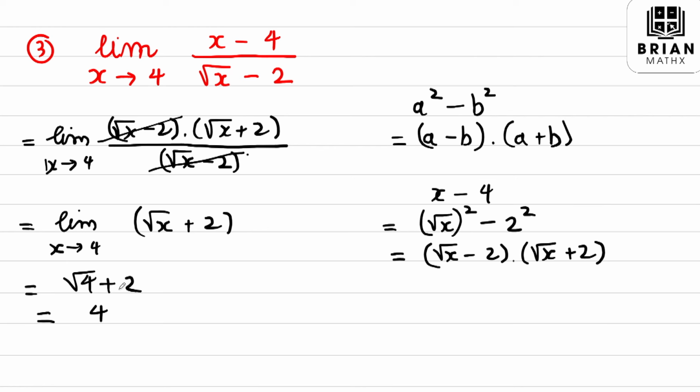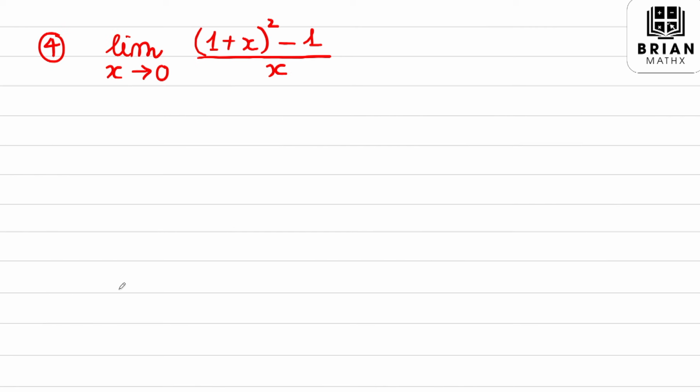This is very important. And the last exercise for this video is exercise 4. Now we have no idea for this one, right? Because when x approaches 0, the numerator becomes 0 and the denominator becomes 0 also. How can I work with this one? You have two ways of solving this limit, and I will choose the harder way.